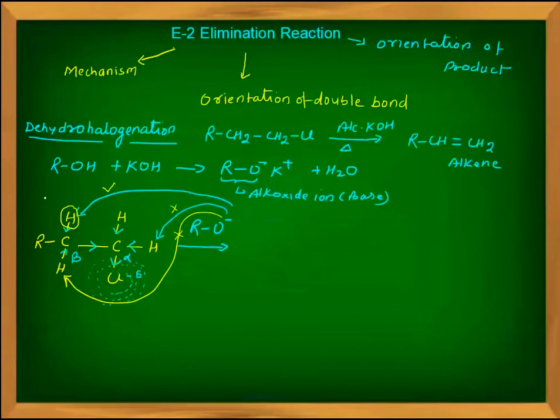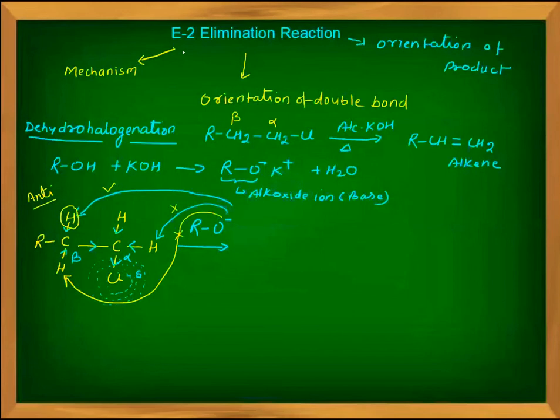That is why this beta elimination is an example of anti-elimination, meaning both eliminating hydrogen and halogen must be anti-periplanar. This is beta elimination because one atom is eliminated from the alpha carbon and one from the adjacent atom, that is beta. That's why it is called beta elimination or 1,2-elimination, which is an example of anti-elimination.